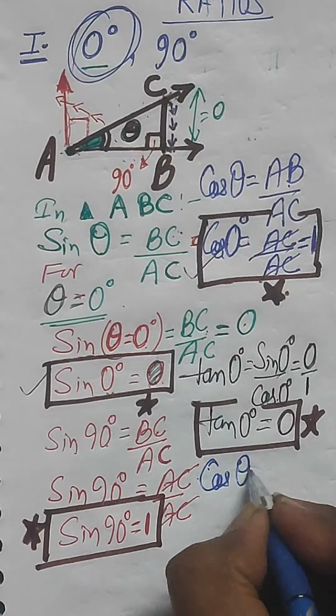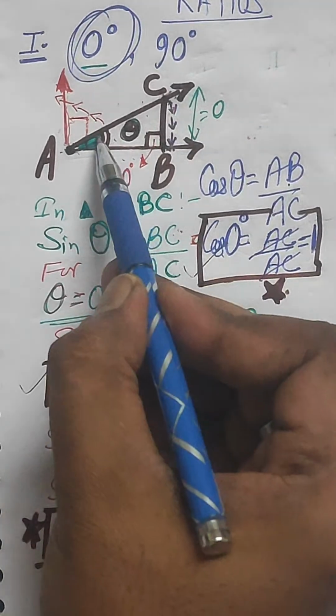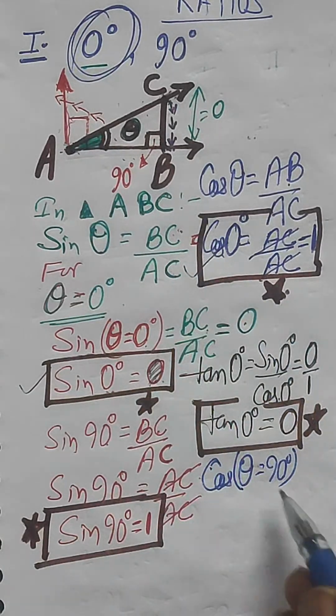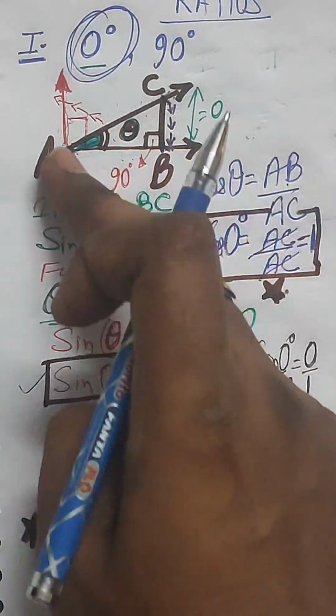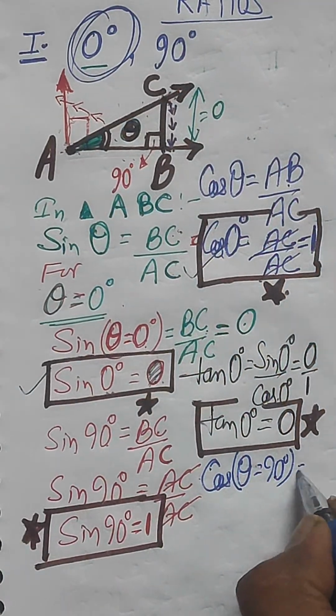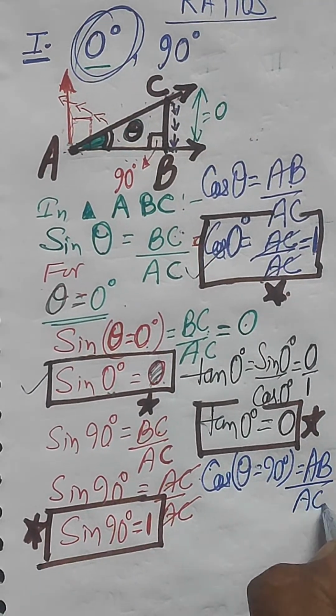Cos of theta equal to 90 degree. When this theta is 90 degree, then cos 90 can be written as the ratio AB by AC, isn't it?